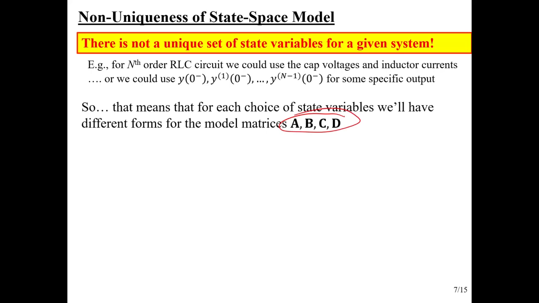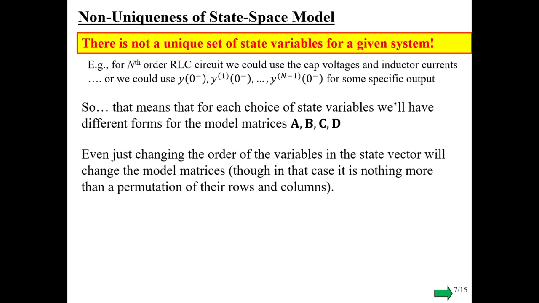Every time we choose a different set of variables for our state variables, we'll get a slightly different form of the A, B, C, and D. Now that seems confusing, but it's actually powerful because there are some scenarios where one form is desirable and other scenarios where another form is desirable, and that's part of the charm and power of the state space view. For our use, we're just really going to focus on one form, and I'll show you that in just a little bit.